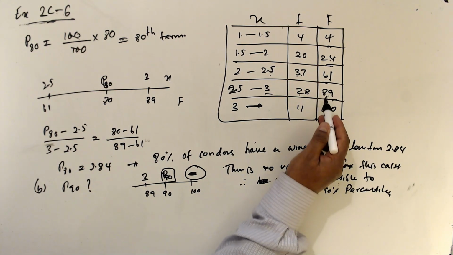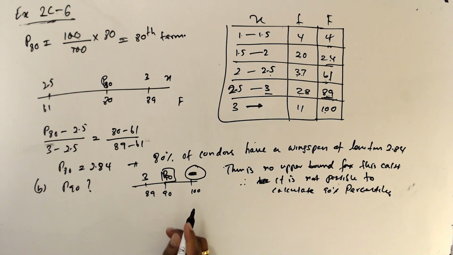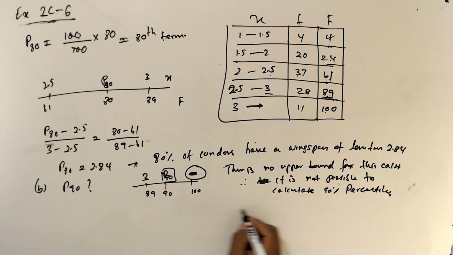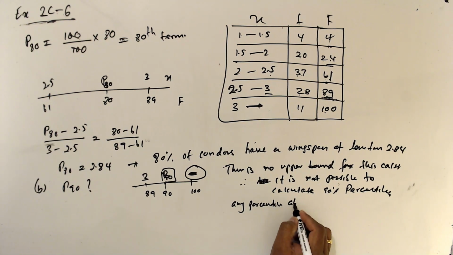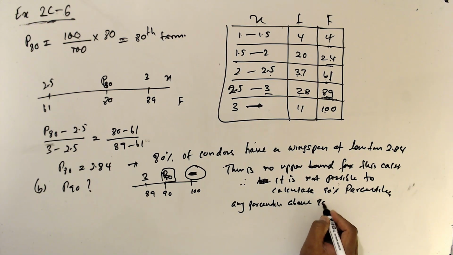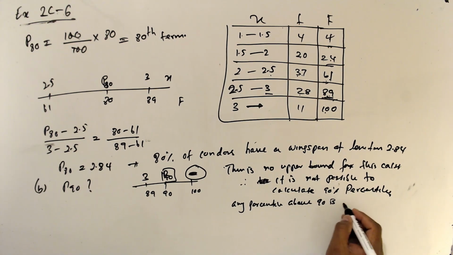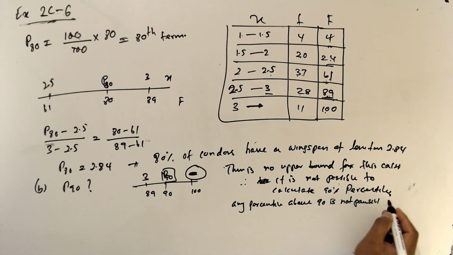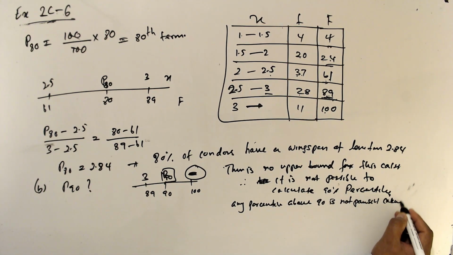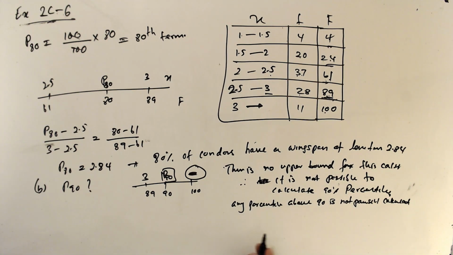It means anything above 89 you can't work out. Any percentile above 90 is not possible to calculate.